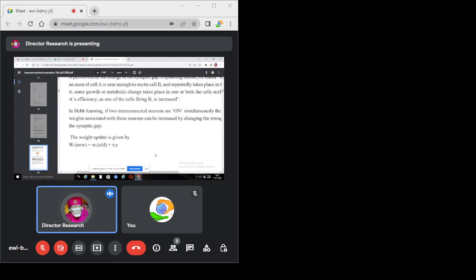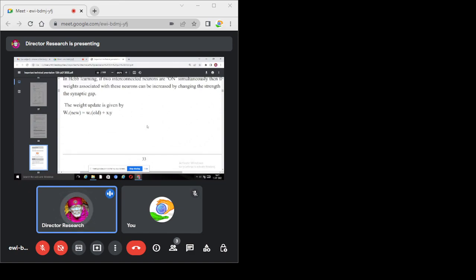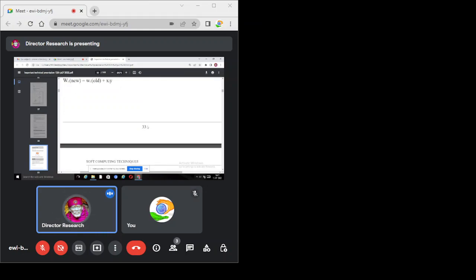In Hebb learning, if two interconnected neurons are on simultaneously, the weights associated with these neurons can be increased by changing the strength in the synaptic gap. The weight update is given by w(new) = w(old) plus some function.